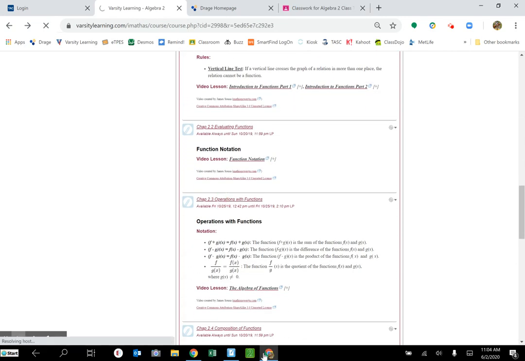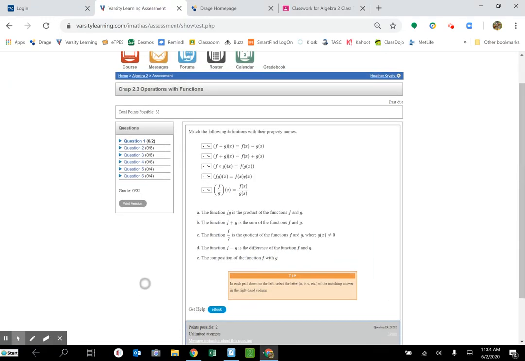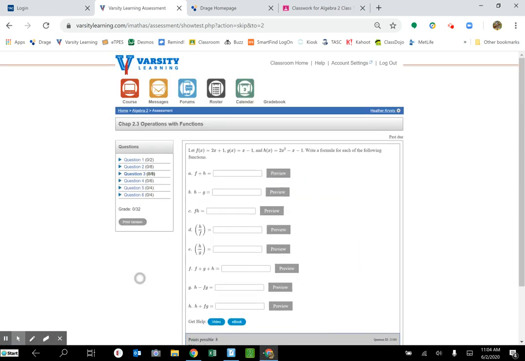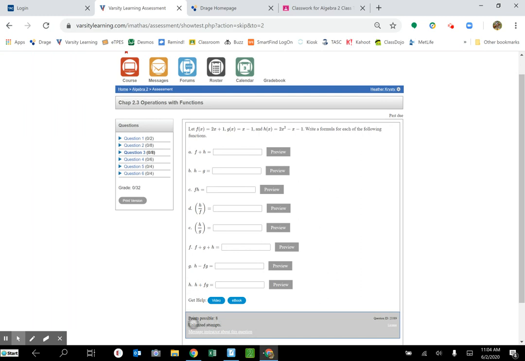So operations with functions. You're going to see questions like, let's go down to number 3. Notice first at the bottom here, you have unlimited attempts on these. Look at these, A through H, they're all just adding, subtracting, multiplying, dividing the functions together.